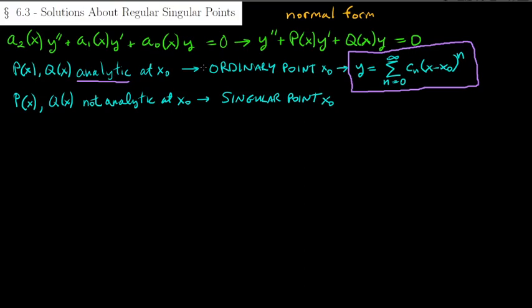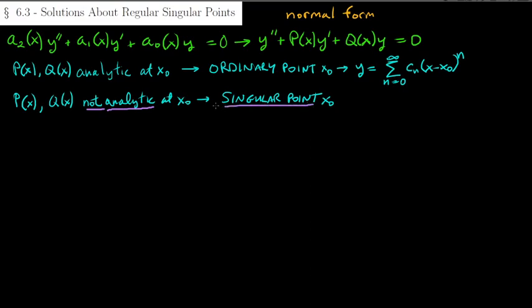But it doesn't have to be. It could be about any point, but 0 is the one we like to use the most. It's the easiest. And then we said that if p and q are not analytic, that means p and q do not have a power series at x0, then x0 is a singular point.